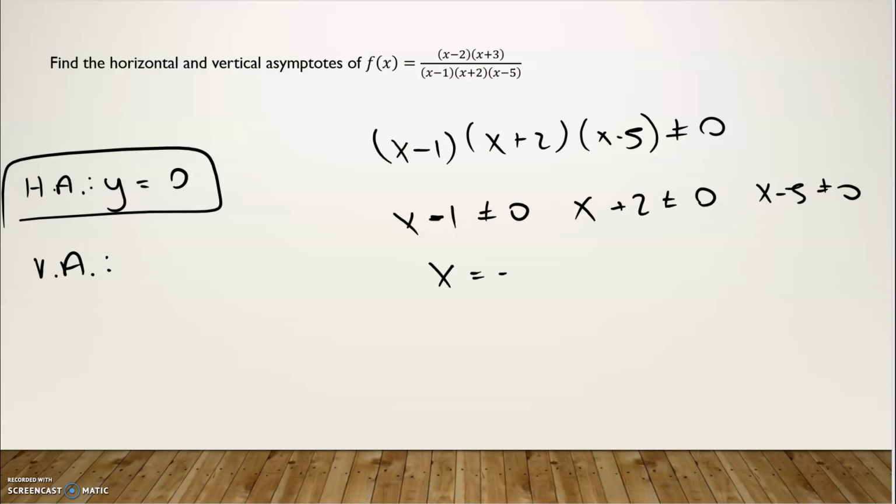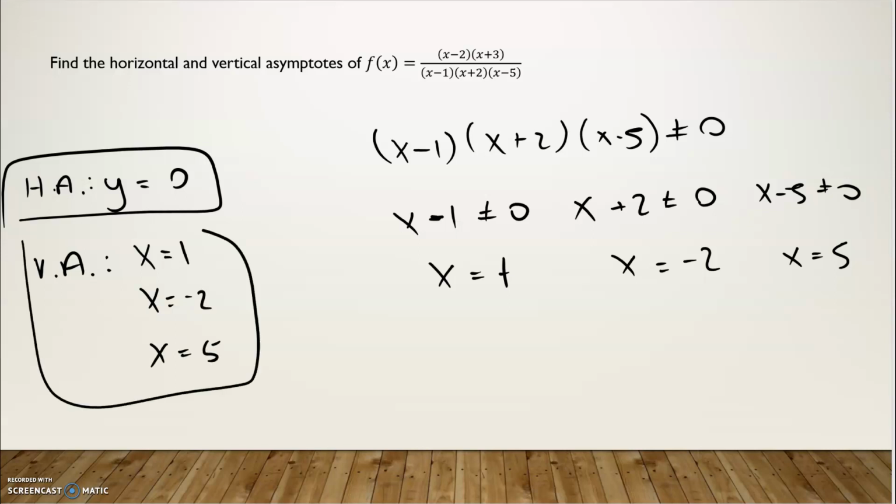So x equals positive 1, x equals negative 2, x equals a positive 5. So all of those are vertical asymptotes. So we've got x is equal to 1, x is equal to negative 2, and x is equal to 5.